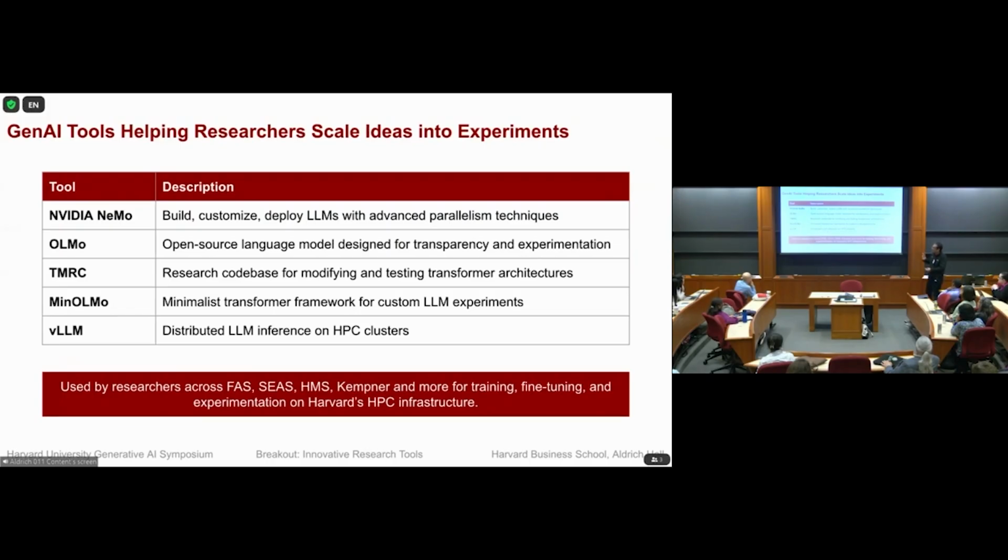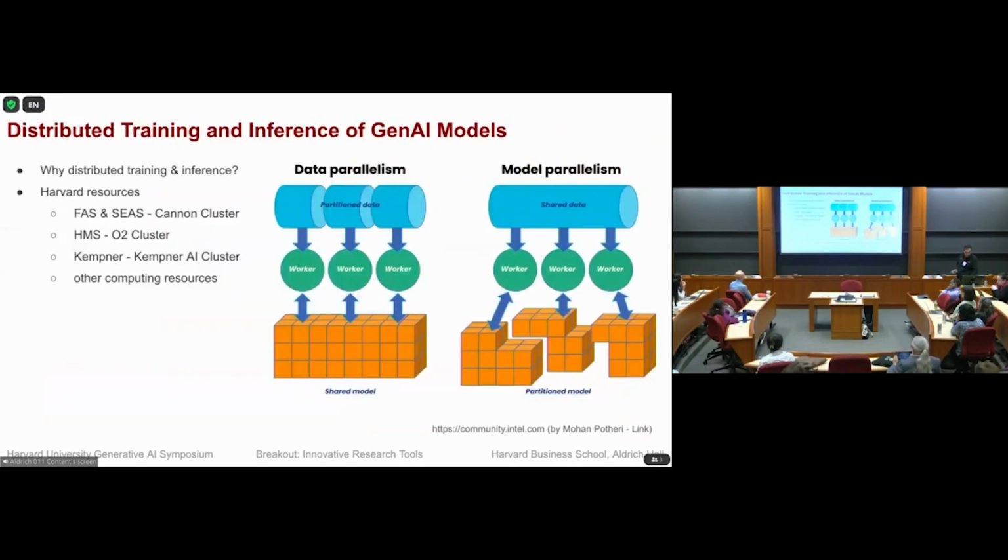And these codebase tools are curated specifically for researchers at FASC, HMS, and also the Kempner AI cluster. I'll go over a few of them, and there are QR codes if you're interested to save them for later use, or if you are interested to explore more or get in touch, I'm happy to discuss them for your use cases.